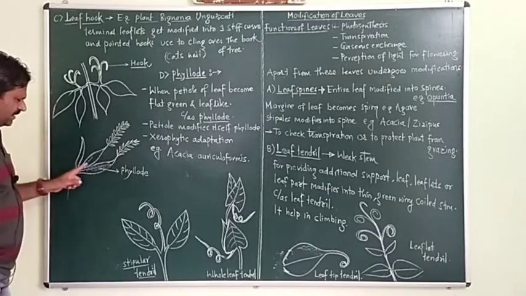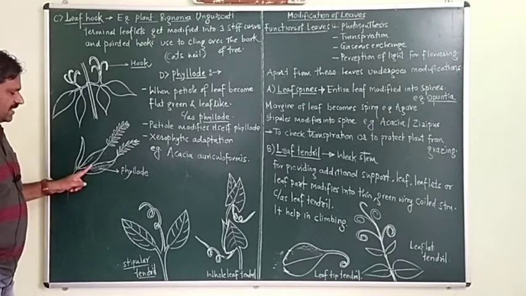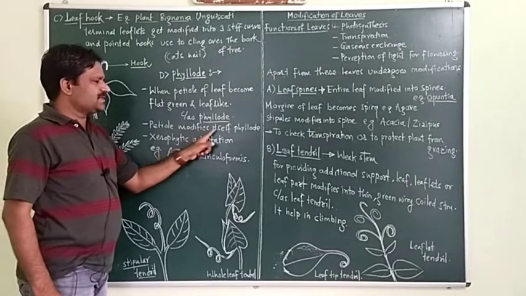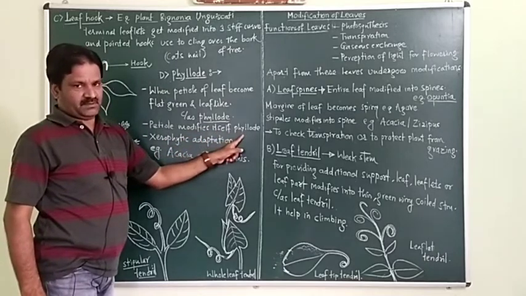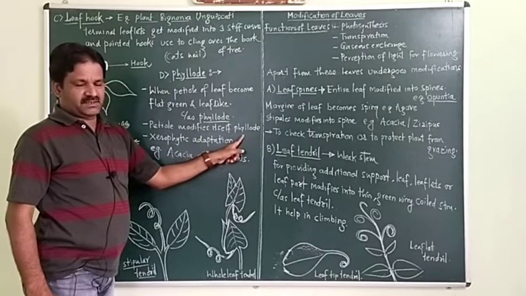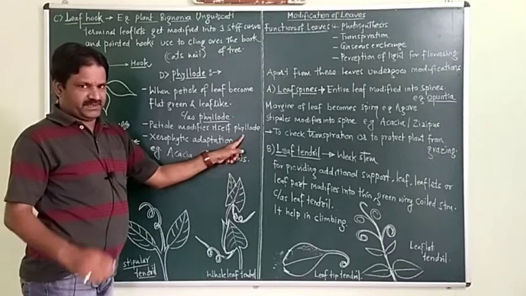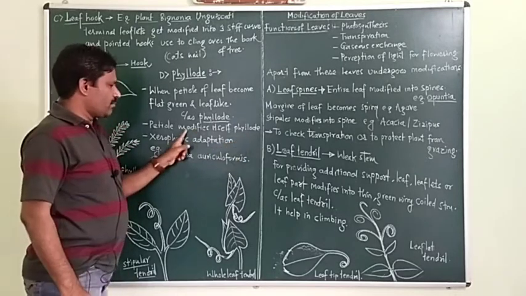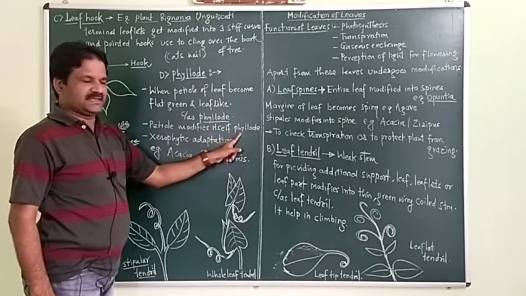This phyllode structure means conversion of petiole. This petiole modifies itself into phyllodes. Means it is the part of leaf, the petiole, that is modified into a structure, that is phyllodes.